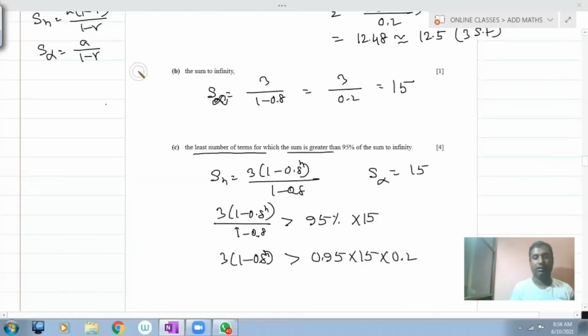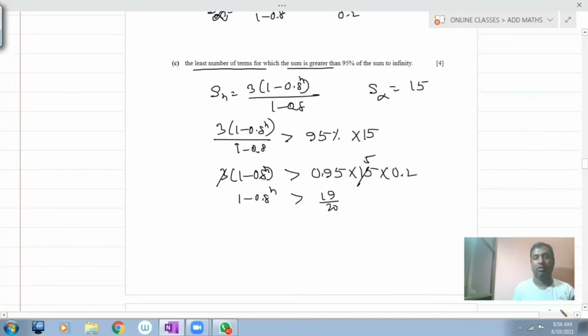Now let us use the calculator to find these values: 0.95 into 15 into 0.2, then divide it by 3. It becomes 19 by 20. So 1 minus 0.8 to the power n is greater than 19 by 20.